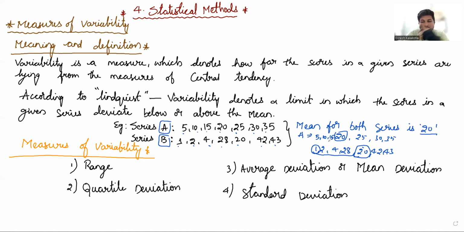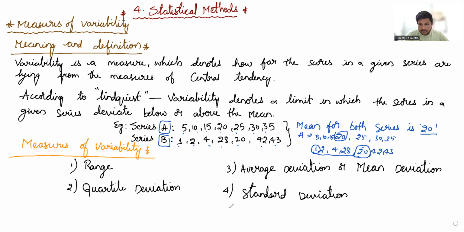In these types of scores, central tendency might not be useful, so that is why we take variability. Variability will help us know the distance from the scores to the mean or median or mode.